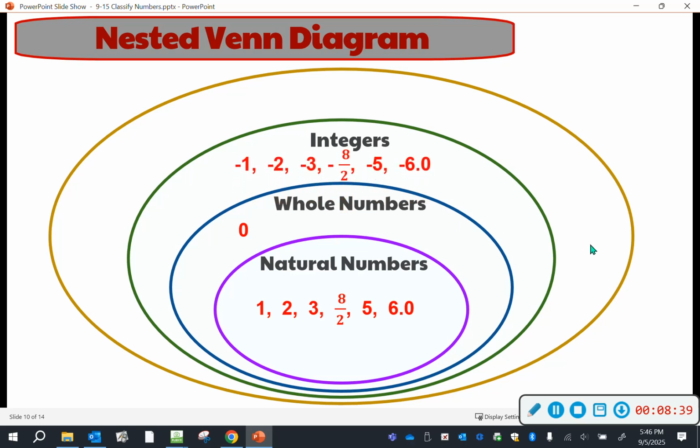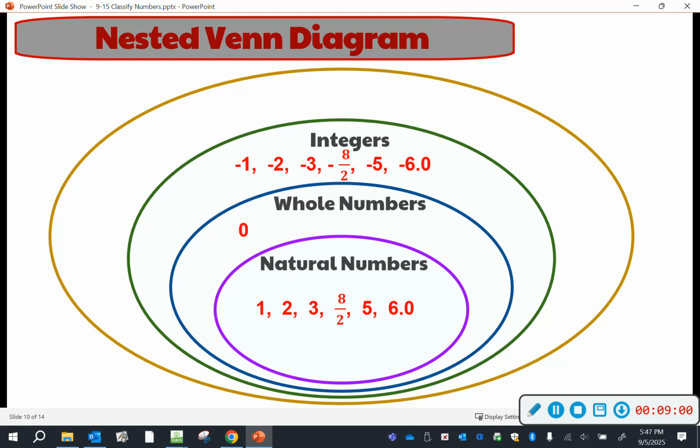So go ahead and write that down. -1, -2, -3, -8/2, -5, and -6.0. So even though it's got a 0.0, the 0 can drop off and the value is 6. All right. So this is everything we've been working with.